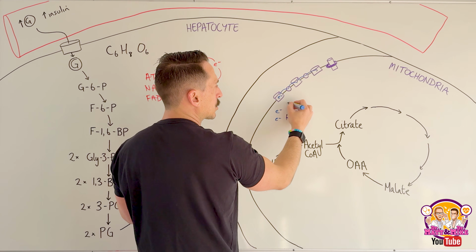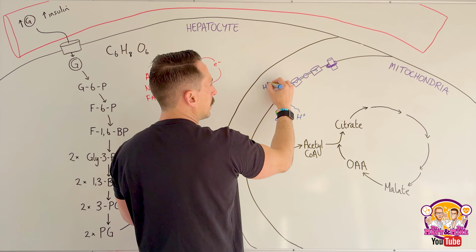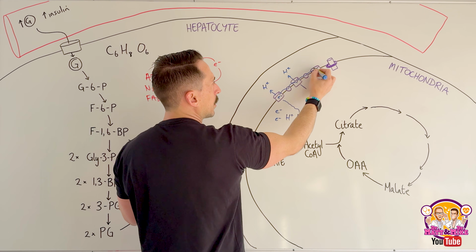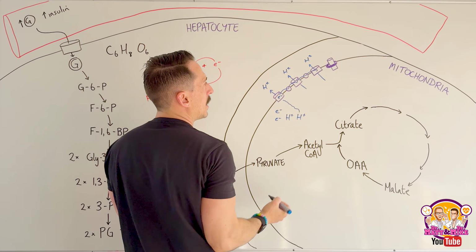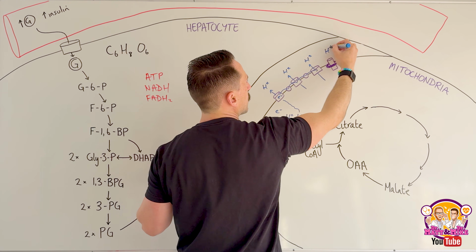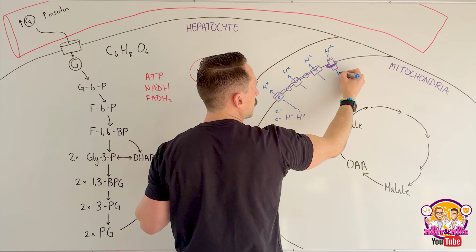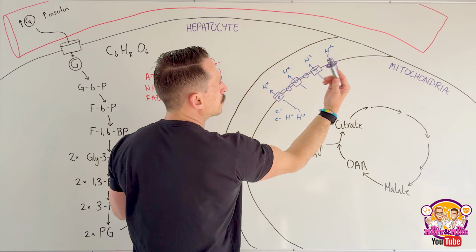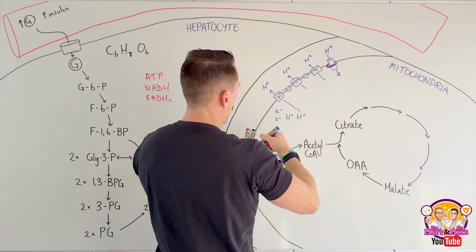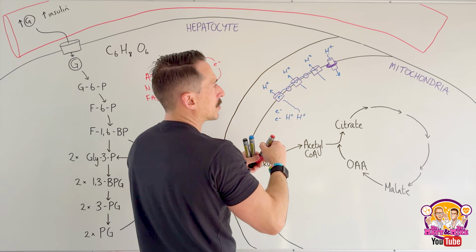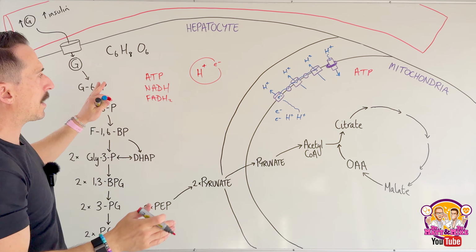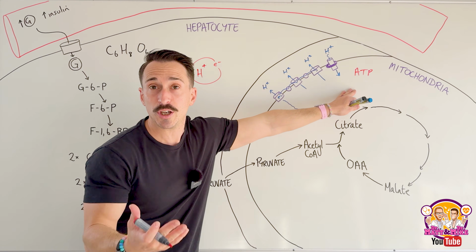And what they do is it excites them to pump hydrogen into the intermembrane space of the mitochondria. And these hydrogens will move down their concentration gradient, down this final thing here called an ATP synthase, and that will spin this turbine to produce even more ATP. So what I'm telling you is that in the fed state, the whole purpose is to make, at the end of the day, just energy, ATP.